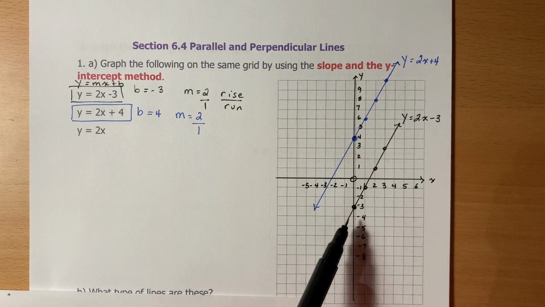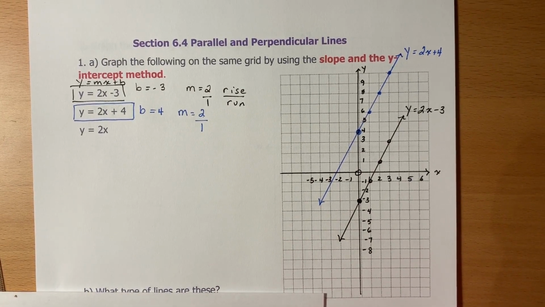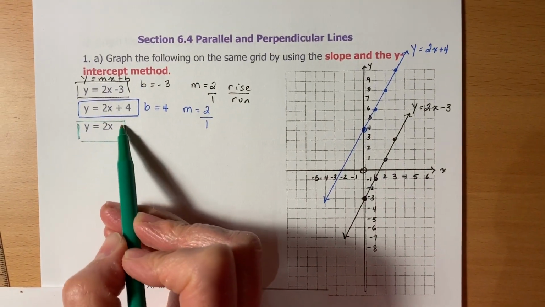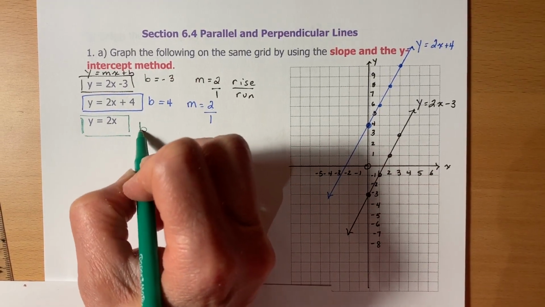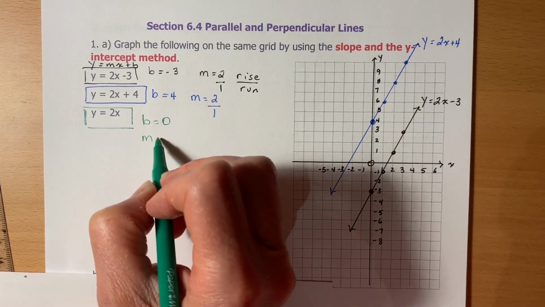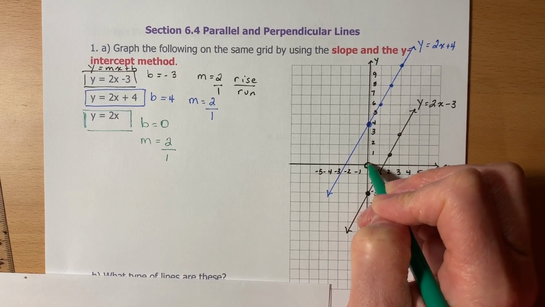These are both examples of partial variations because both lines do not go through the origin. This is my final line. I notice here that I'm not adding anything to my y equals 2x. So that tells me my b value is 0. Again, I look at my m, which is 2. Again, it's a ratio of rise over run. So I go to 0.